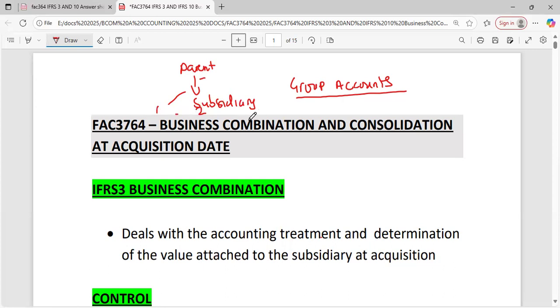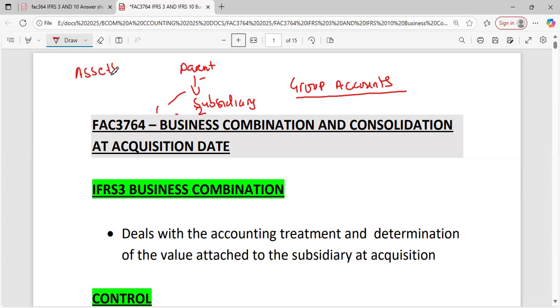The only thing that we are going to do, when it is a statement of financial position, is to combine the assets of the parent and the assets of the subsidiary, the liabilities of the parent and the liabilities of the subsidiary.